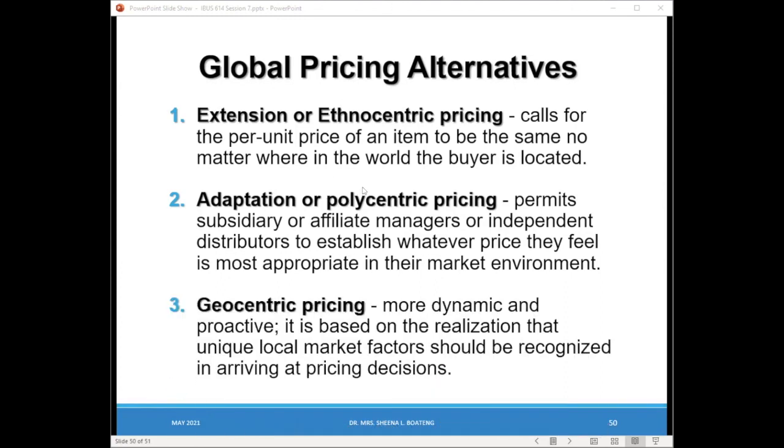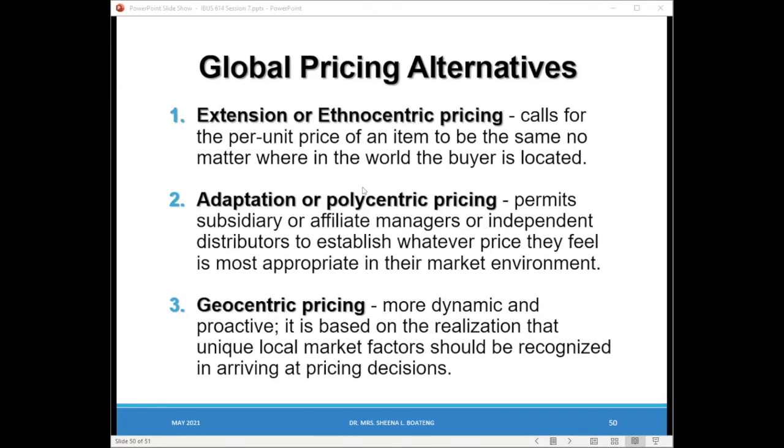However, if it is a geocentric pricing approach, then the approach will be more dynamic and proactive, in the sense that they will realize that all these markets, despite the fact that we are in a globalized world, are not the same in terms of levels of inflation, currency fluctuations, government regulations and subsidies.